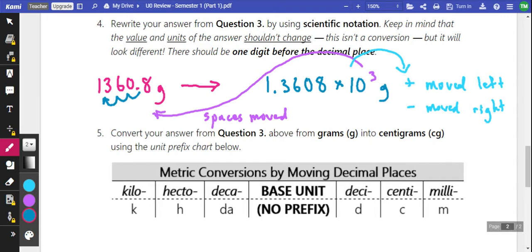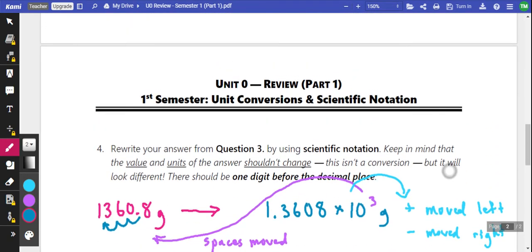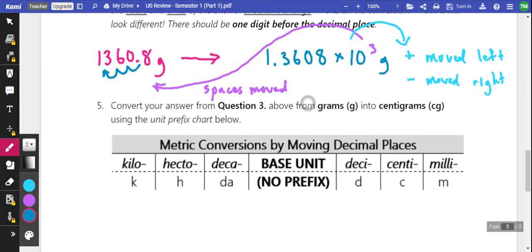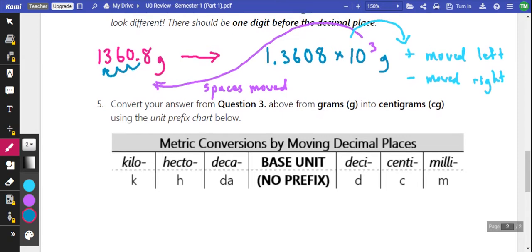The nice thing about metric conversions is we don't need to do any multiplying or dividing. There are ways you can do it, it works the same way. But since metric prefixes are just all off by a factor of 10, all we have to do is move our decimal place around. So we're taking this 1,360.8 grams, and grams is a base unit.